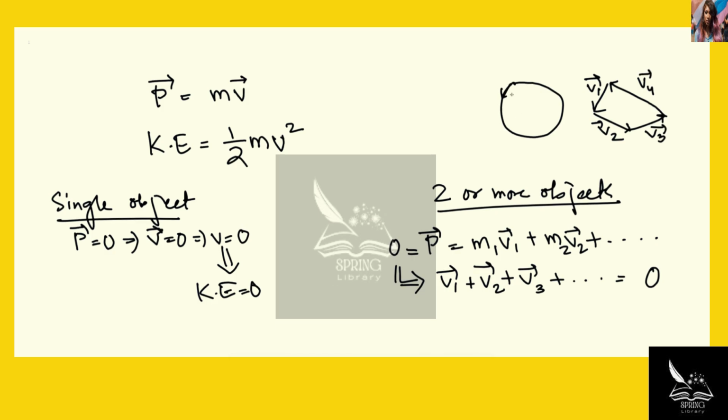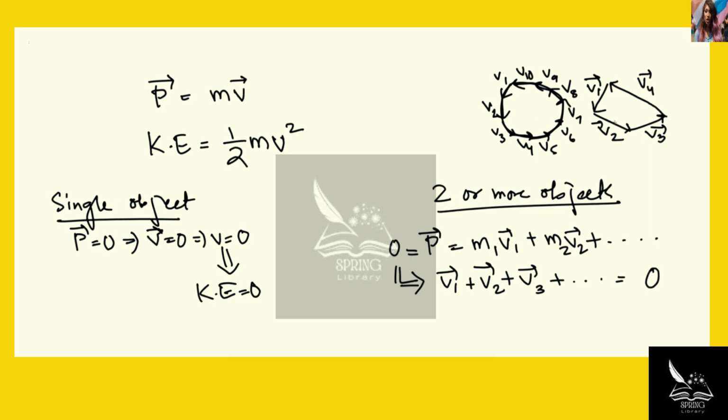And a circle can also be thought of as a vector addition of a number of small vectors. For a circle, when you talk about velocity, you are speaking about the tangential velocity. The direction of that velocity keeps on changing, since it is always tangential to the path of the circle, but the magnitude of the velocity stays the same.